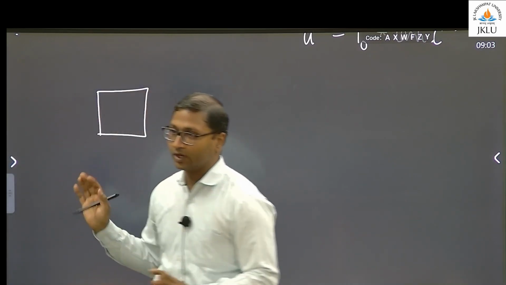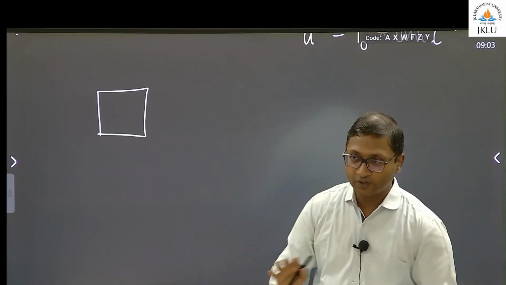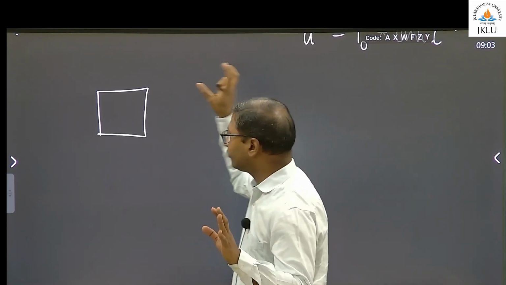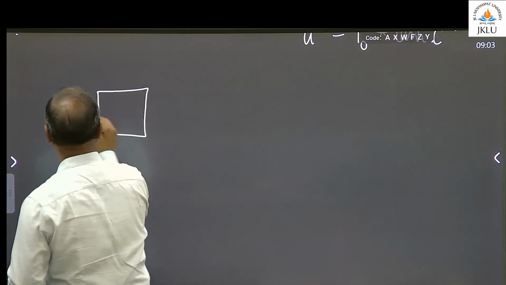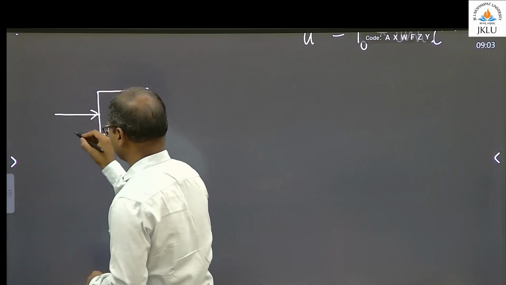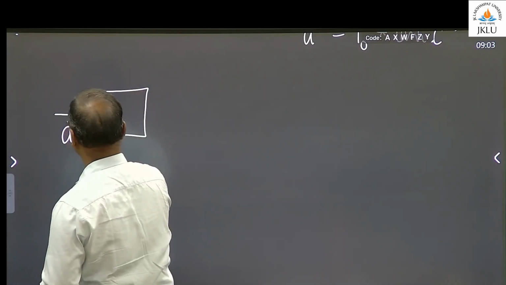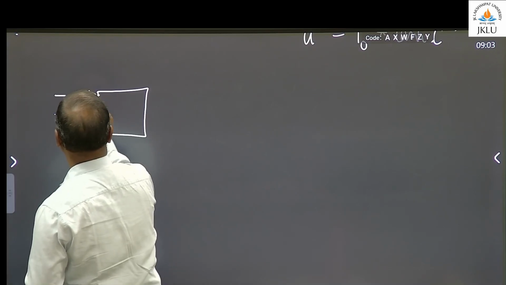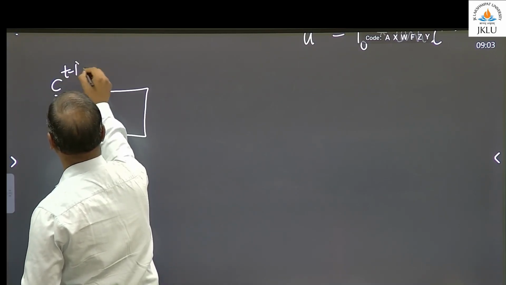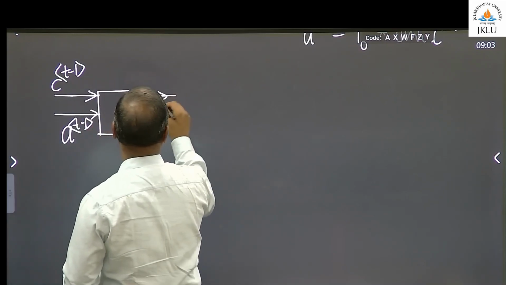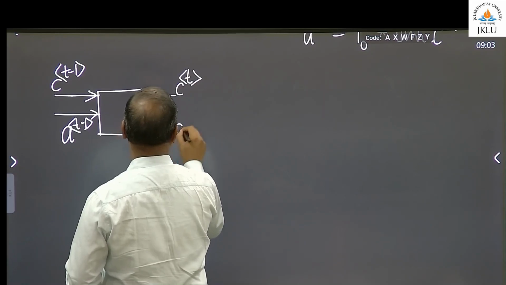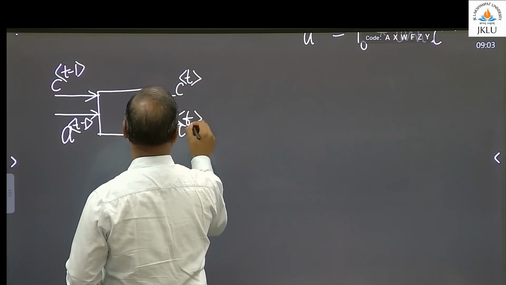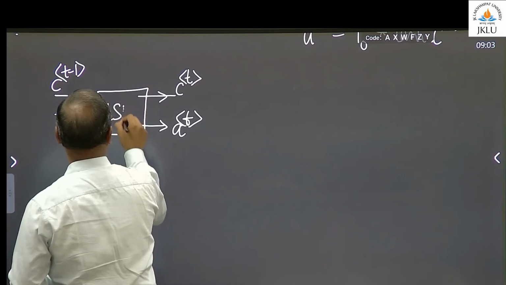Everything that was complex is inside this box. What do you get here? A(t-1) and C(t-1), and your output is C(t) and A(t). So this is what an LSTM is.